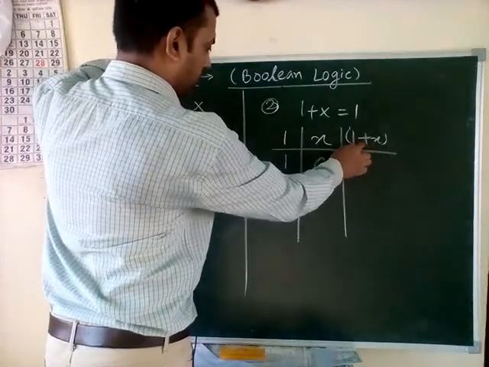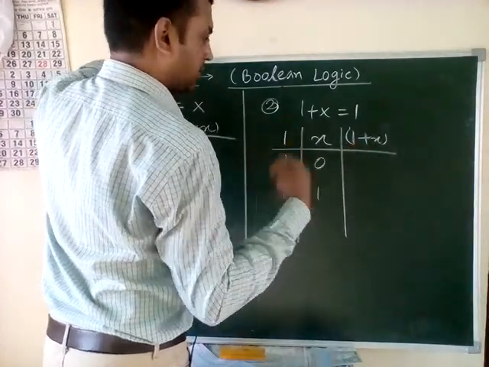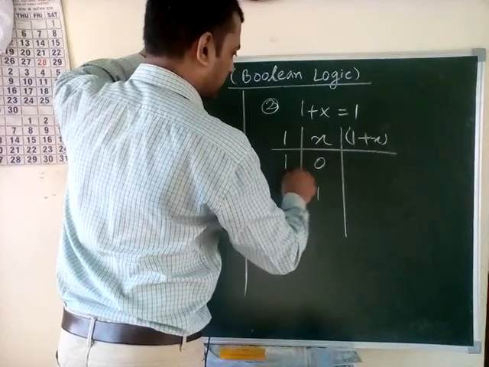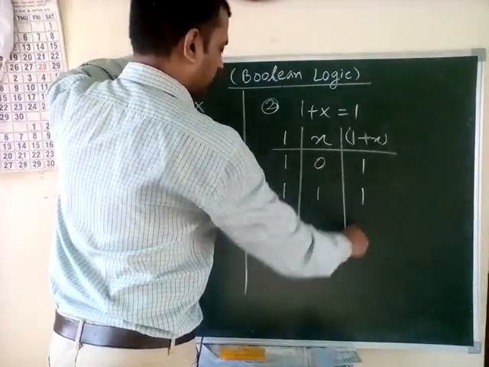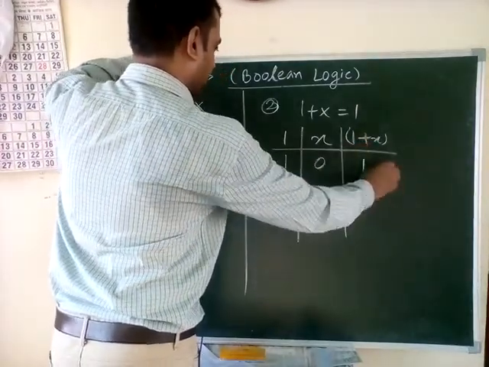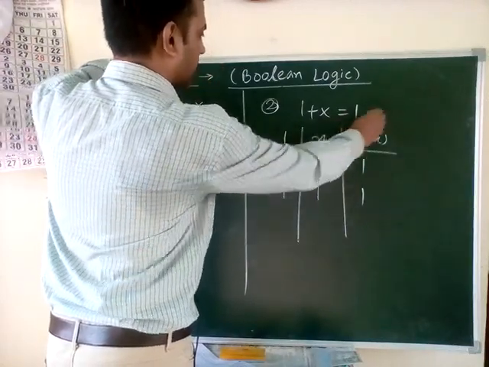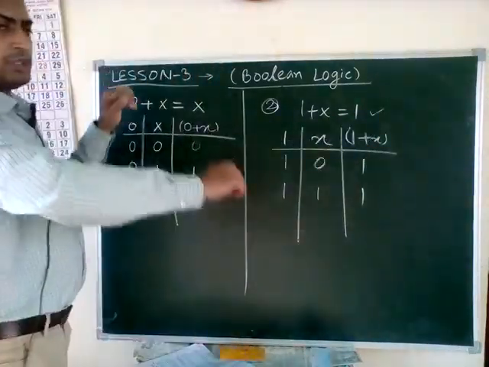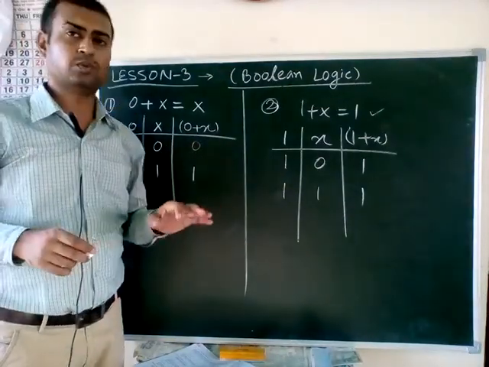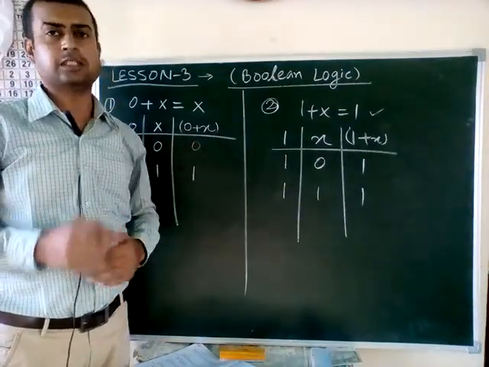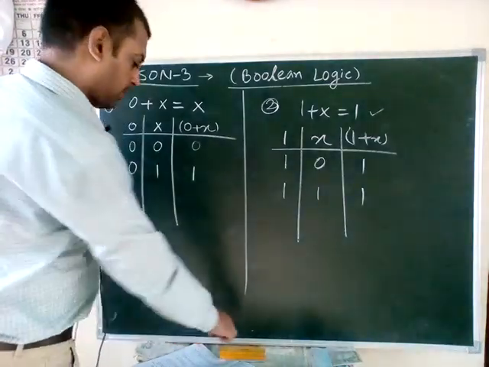So for OR logic, if any one is there, then you will give 1. So here you can see 1 and here also 1. So you can see this column is equal to this column, means this is equal to 1. So that's why we have written this. So like the same, you have to prove the other two equations as well. This is very easy.